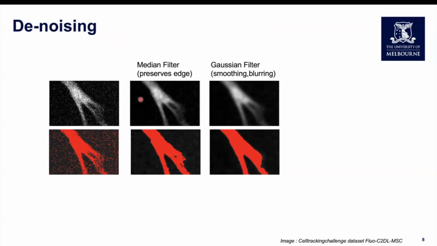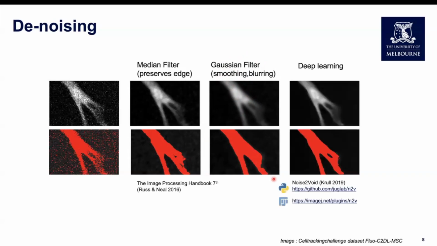One thing to point out here is the median filter nicely maintains the edges of the structure, which allows for some more detailed segmentation, whereas the Gaussian blur is applying a smoothing, which doesn't maintain the edges of the structure quite so much, and therefore has a downstream effect in terms of the regions that we can select within the image.